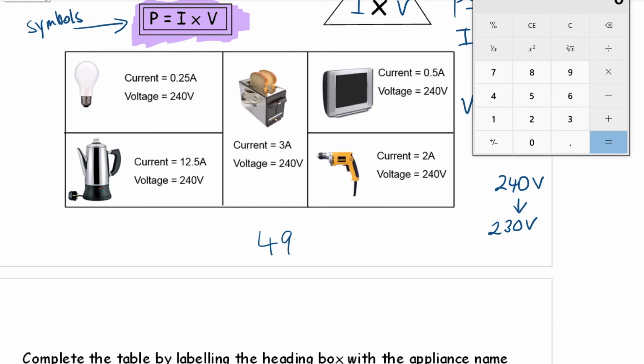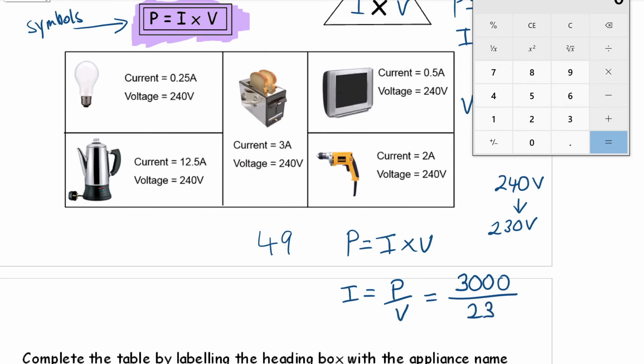I did promise as well that I'd explain why the kettle, or any appliance in fact, can't be more than 3000 watts. If we rearrange P equals I times V, I is P over V. Maximum power 3000 watts, we divide that by 230 volts, and we find it comes to just over 13 amps.